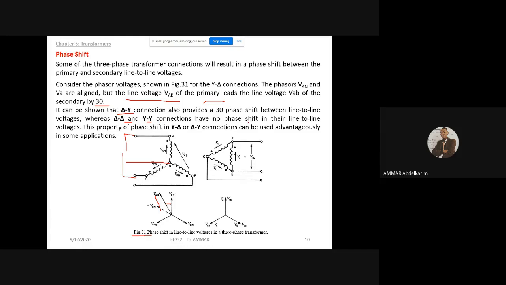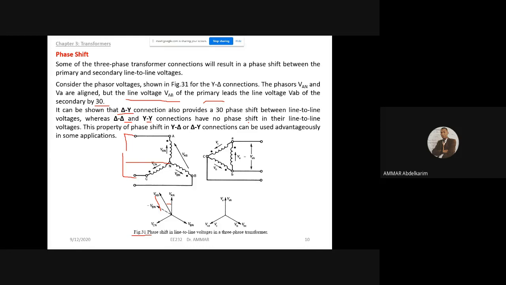While with the delta-delta or YY connection, we will not have this phase shift. This phase shift may be needed in some applications. For example, there are some electric machines with more than 3 phases. In such applications, we may need this phase shifting in the voltage.